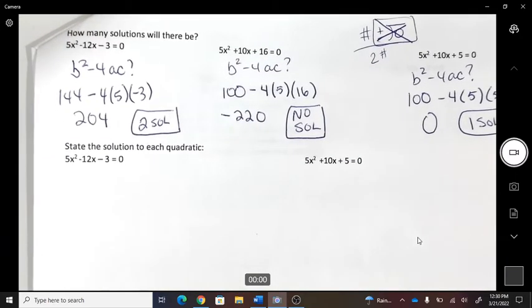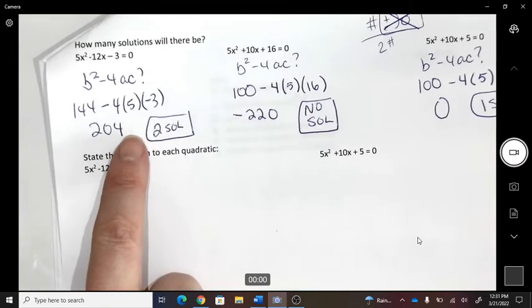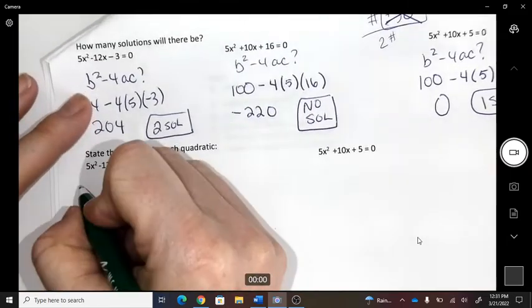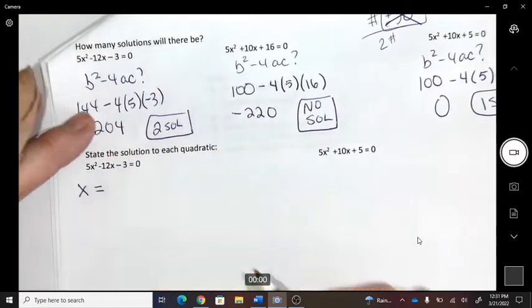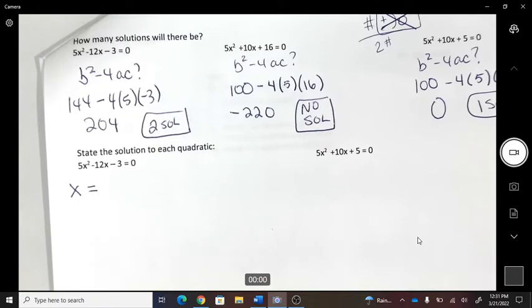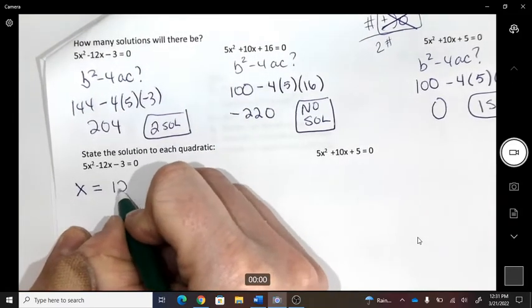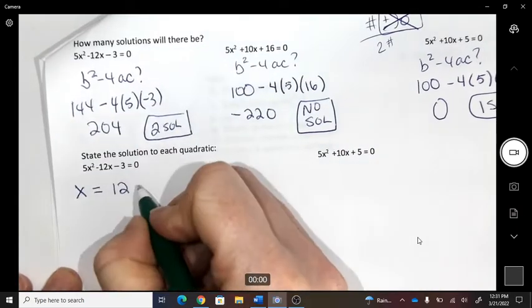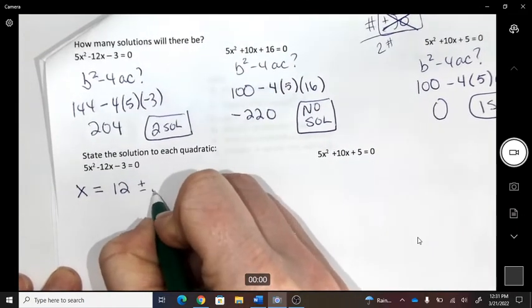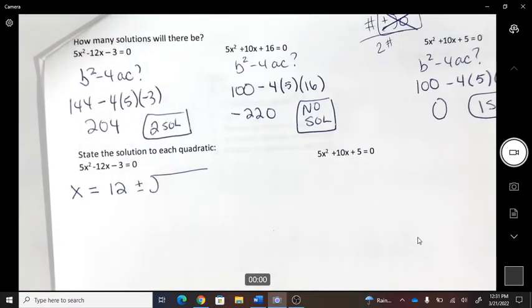State the solution. So we know this was the first one. We know that there's going to be two answers. So what are they? x equals negative b, so that's a 12, plus or minus the square root of, and you know what, we already did that part.